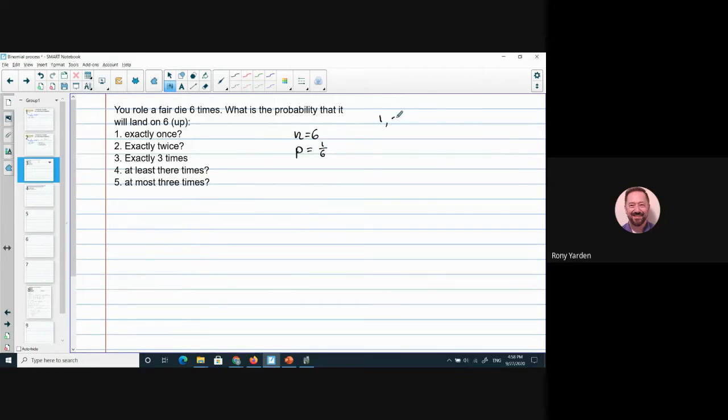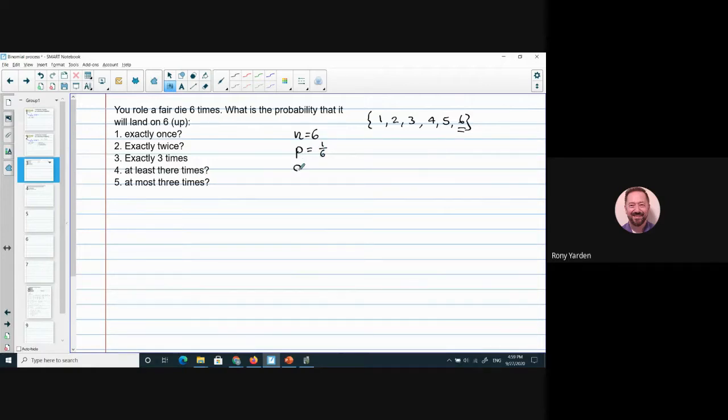The sample space will be 1, 2, 3, 4, 5, or 6. So we have 6 possible outcomes, but 1 desirable outcome, which is 6. So 1 desirable outcome over 6 possible outcomes, the probability for 6 is 1/6.